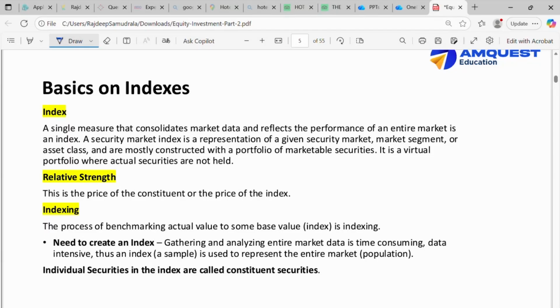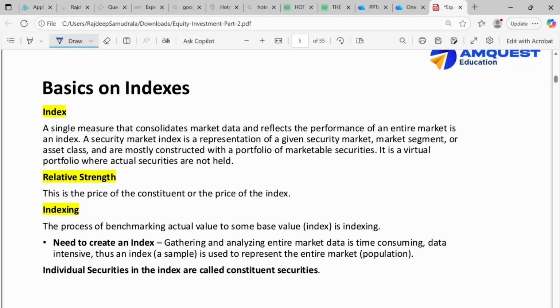So the index reflects the performance of the entire segment it represents. If the market index is up, it means the whole market is up. If the Bank Nifty index is up, it means the banking stocks are broadly up. The day it goes down, the banking stocks are on the downside. So the index reflects a representation of all the stocks in that particular sector.